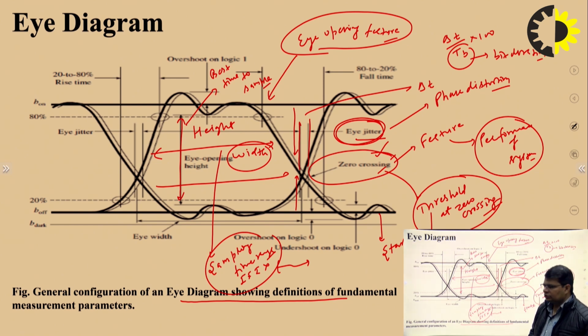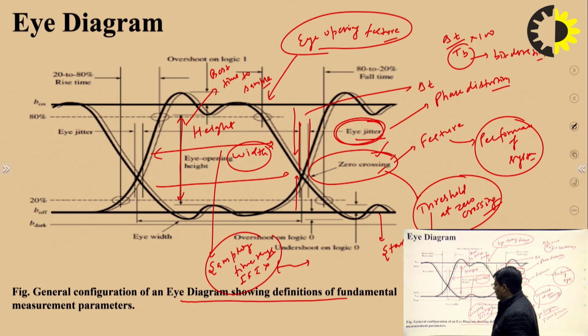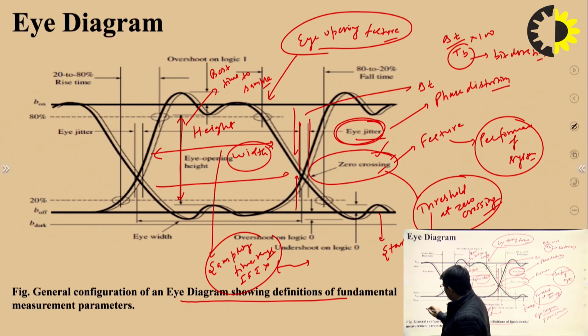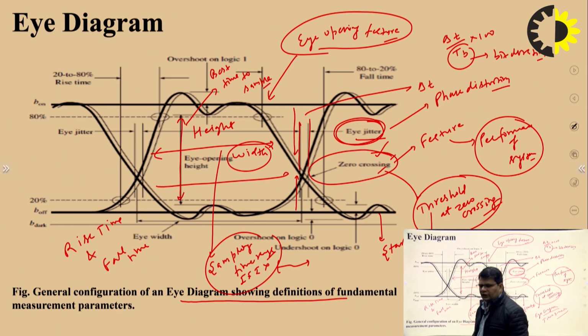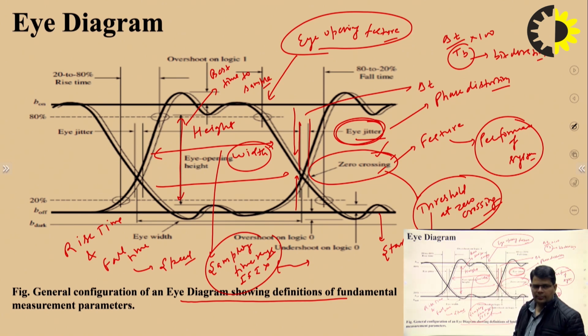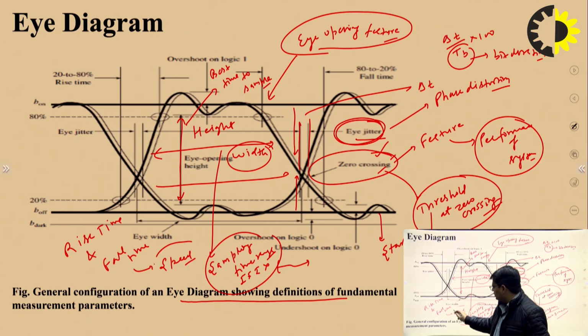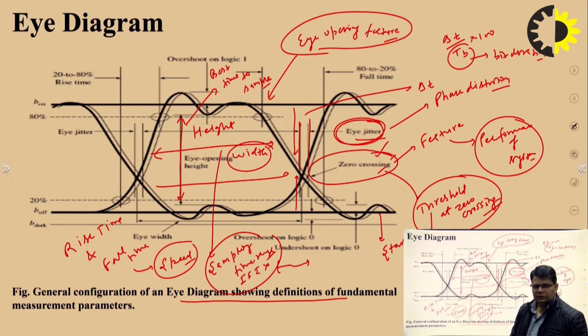In this way we can calculate various features. Another feature that we can calculate from this eye diagram is the rise time and fall time. We know that rise time and fall time give us a measure of the speed of the system. The system rise time should be fast and fall time should also be fast. Then we can say that the system speed is high, so the time should be less.